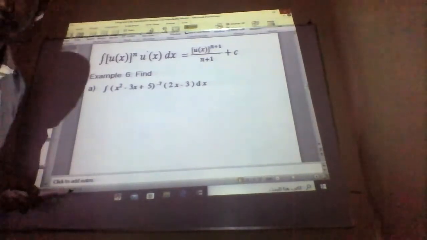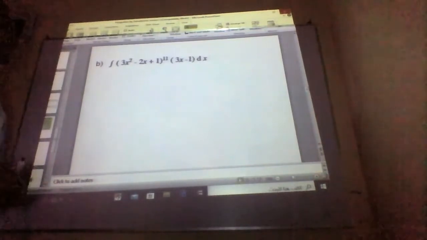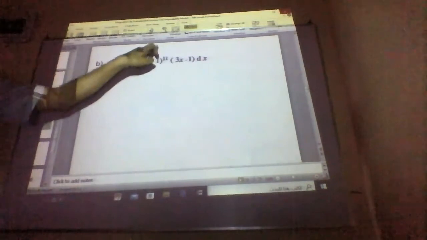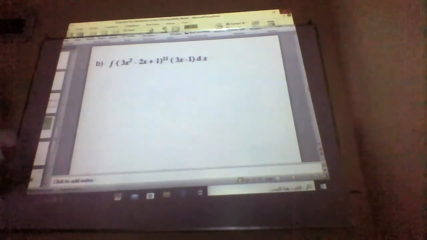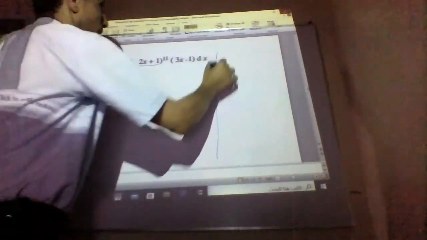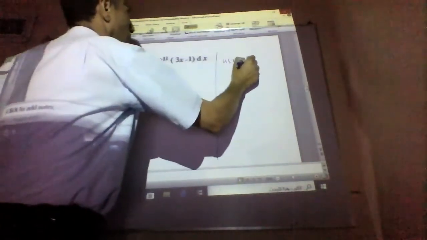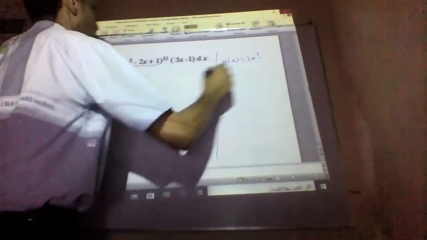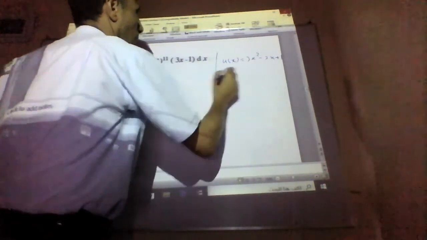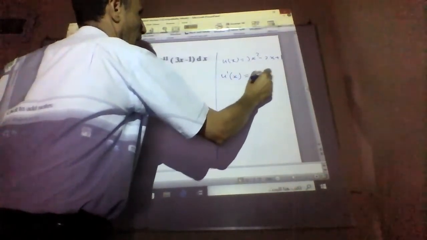Another example. Integration of 3x power 2 minus 2x plus 1, all power 11, times 3x minus 1. If we take u of x to be 3x power 2 minus 2x plus 1, the derivative u dash of x will be 6x minus 2.